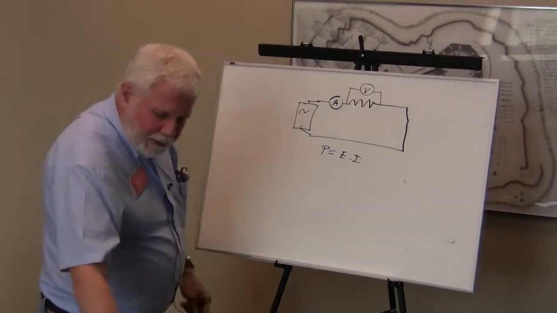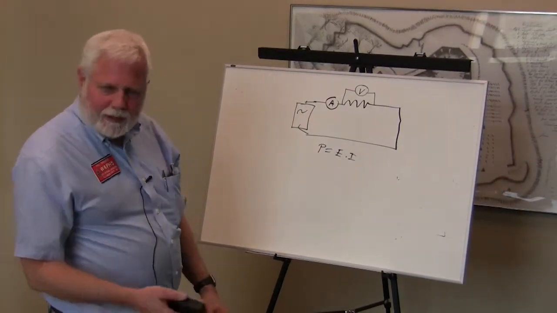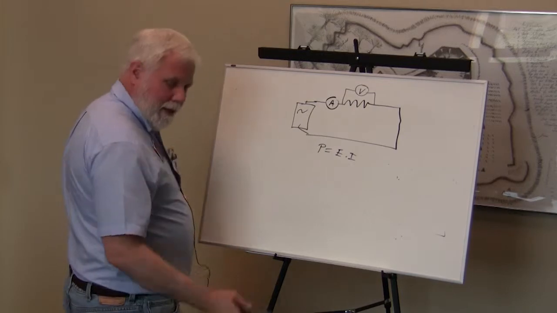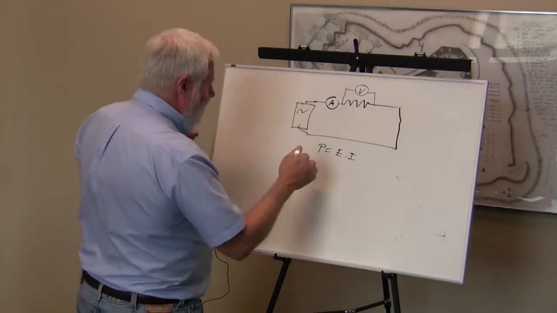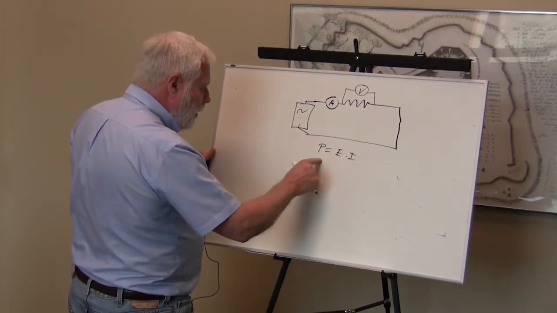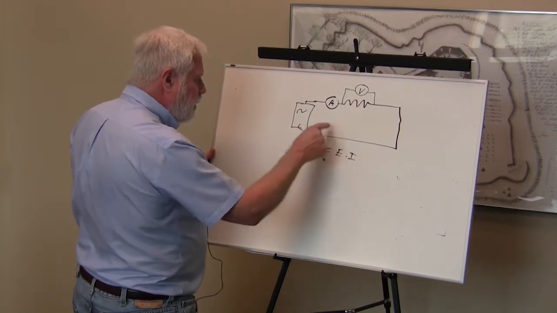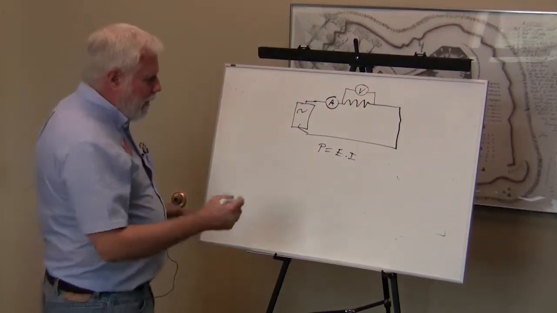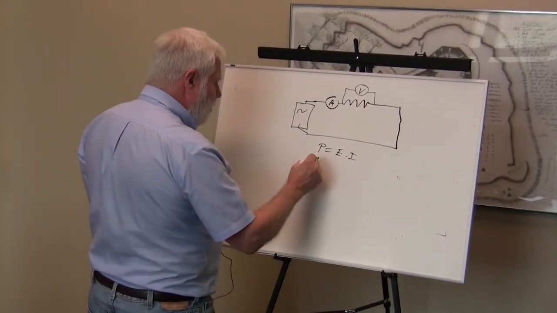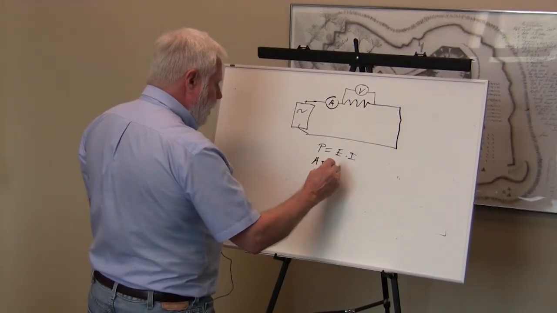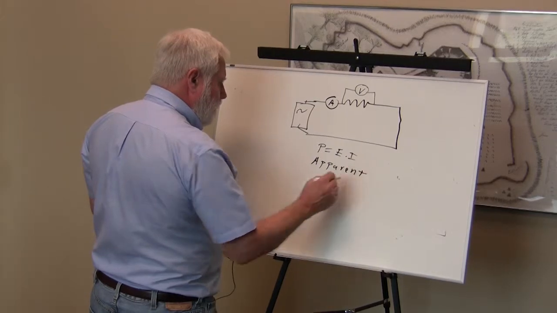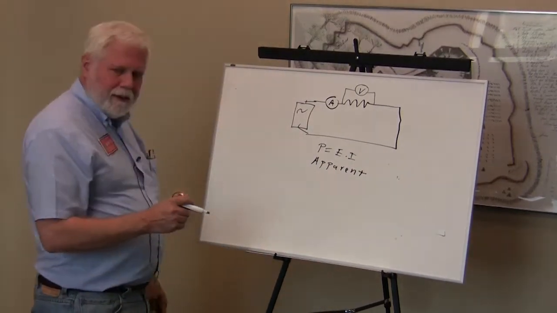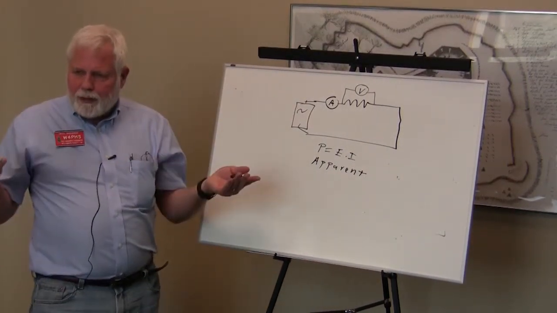Now, that makes perfect sense, and you have probably all done this and thought about this. This formula right here, power is equal to E times I, where we simply measure the voltage and measure the current and multiply them together, is called apparent power, because that's what it appears to be if we just take the simple readings.